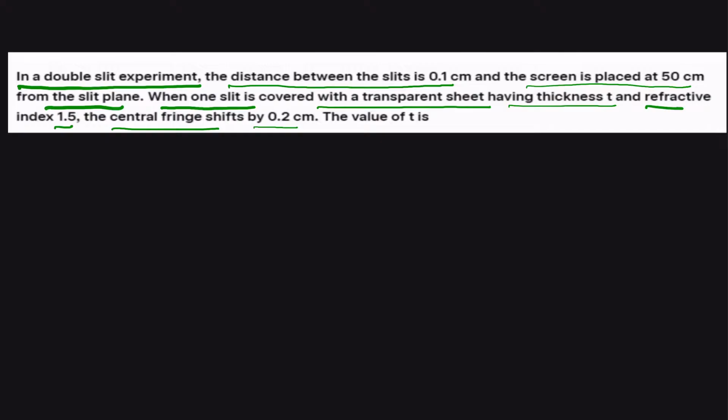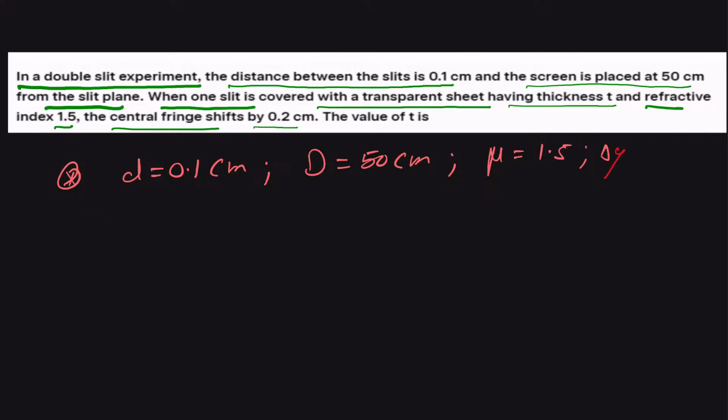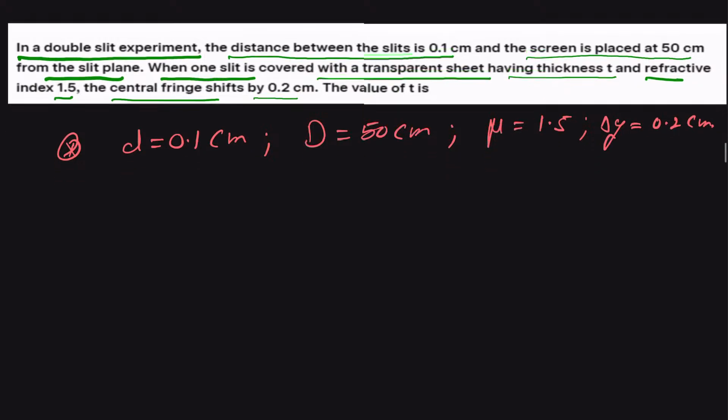So the things that are given to us, by standard notation: the distance between the slits, which is a small d, is 0.1 centimeter, and the distance between the screen and the slit, our capital D, is 50 centimeter. The refractive index of the transparent sheet, our mu, is 1.5, and the shift in the central fringe, our delta y, is given as 0.2 centimeter.